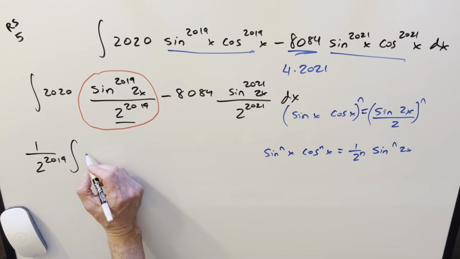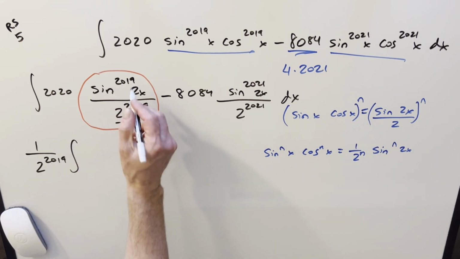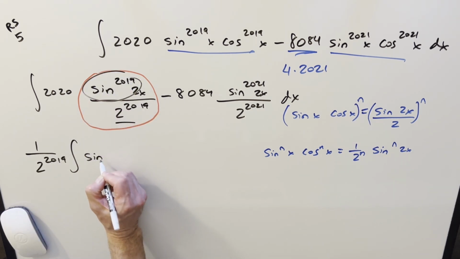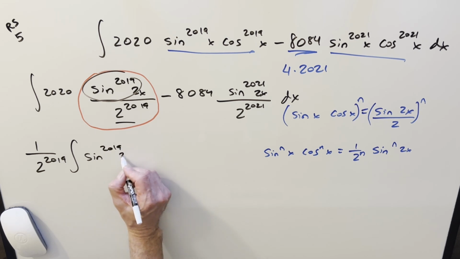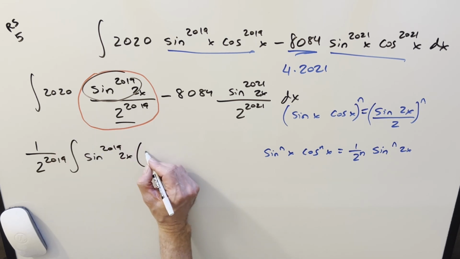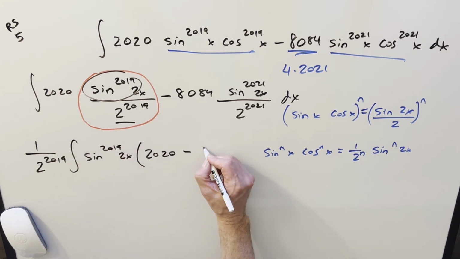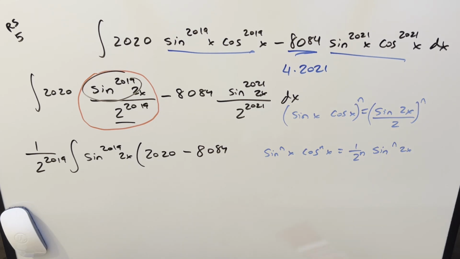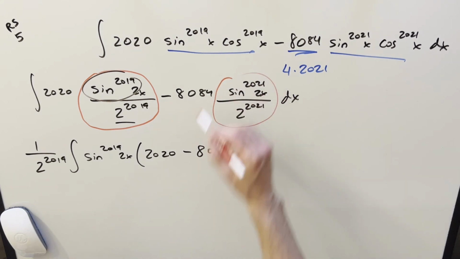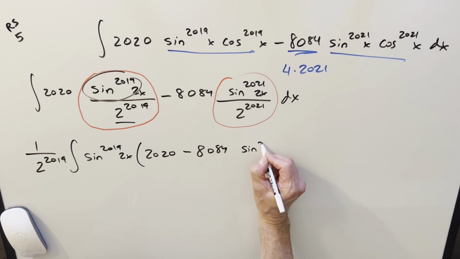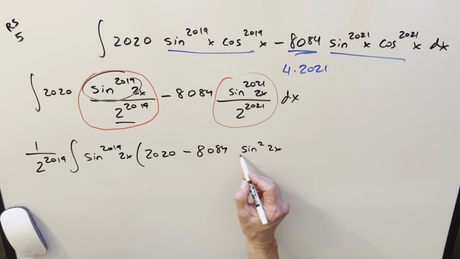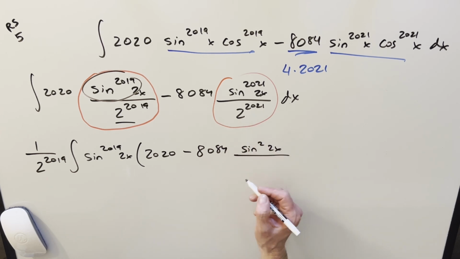And then I'll factor out sine^2019 of 2x, and what's going to be left is 2020 minus 8084, and then for this part, all that's left is sine squared 2x, and the numerator is going to be 2 to the 2.